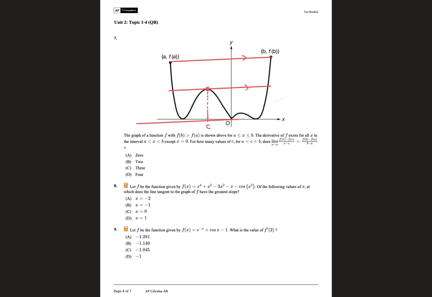Okay, maybe find another one. You see that right there? I'll move it over just so it doesn't interfere with the other ones. So right there, there's another point c. We'll call this c1, c2. That tangent line to the graph is parallel.